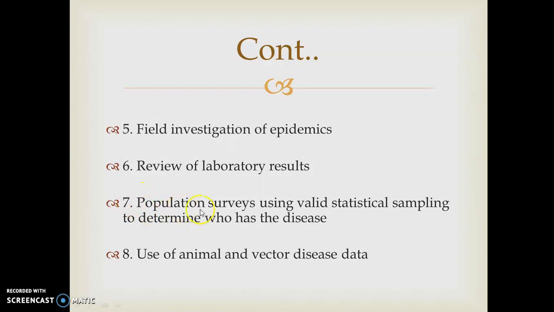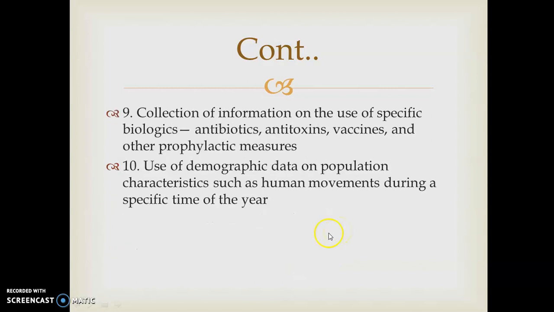The seventh is the population surveys using valid statistical sampling to determine who has the disease, to know about diseased and non-diseased persons. The eighth one is the use of animal and vector disease data, that either any kind of vector is involved or not.